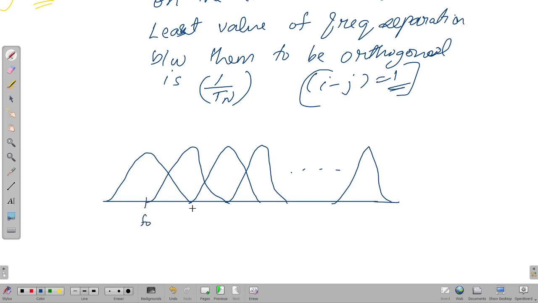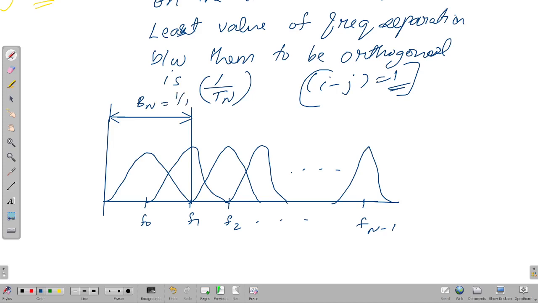The center frequencies are f0, f1, f2, etc. up to fn minus 1, with a bandwidth of each subcarrier. The bandwidth is Bn, which is equal to 1 by Tn. The least frequency separation, okay, the frequency separation here, the separation between two frequencies.